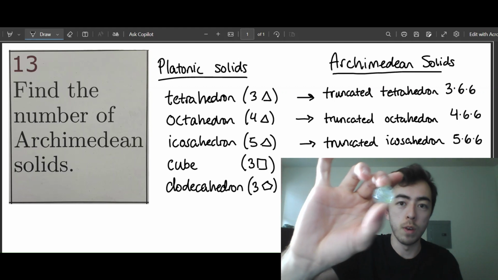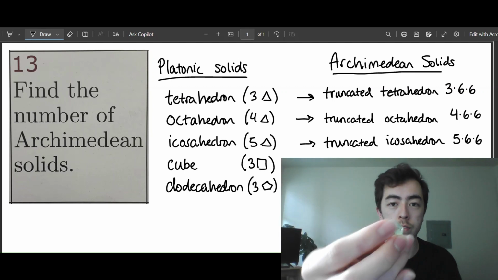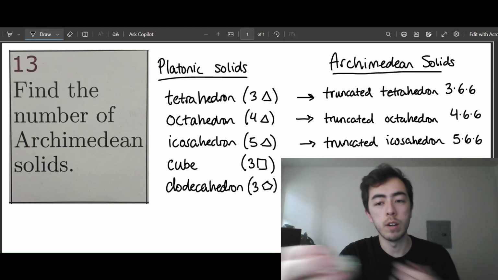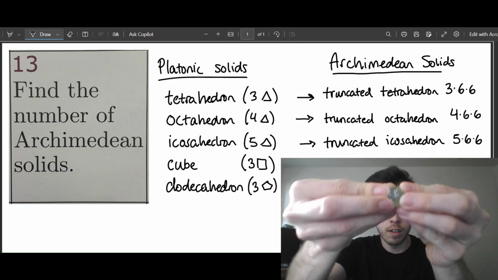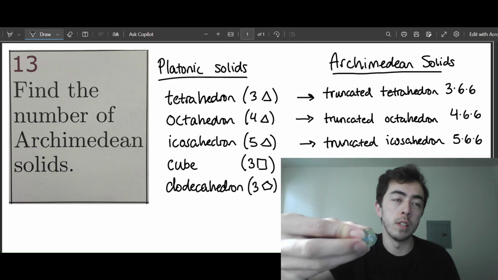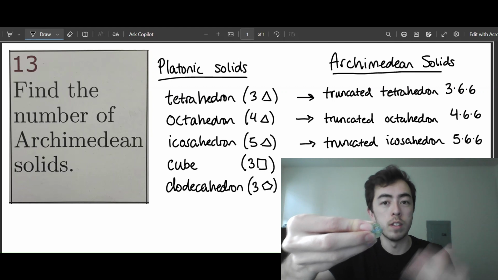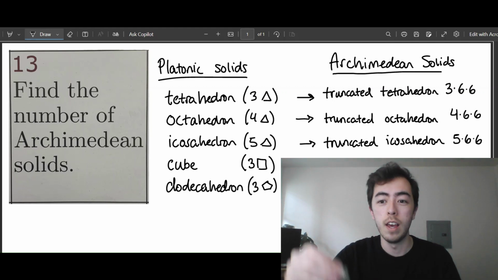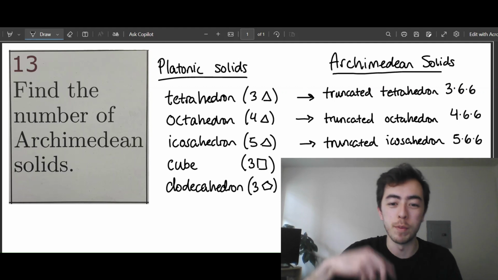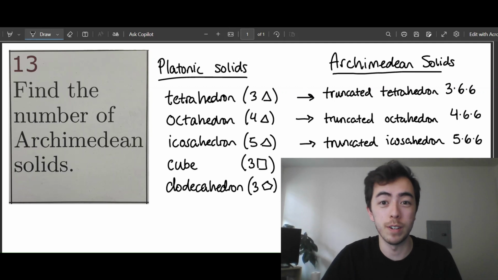So same thing with our dodecahedron. All of the vertices will turn into regular triangles, or equilateral triangles. And then since we're cutting off each of the corners of each of the pentagons, essentially they're going to double in size. So our pentagons are going to turn into decagons. And so these are even more truncated solids made from the platonic solids that we talked about earlier.